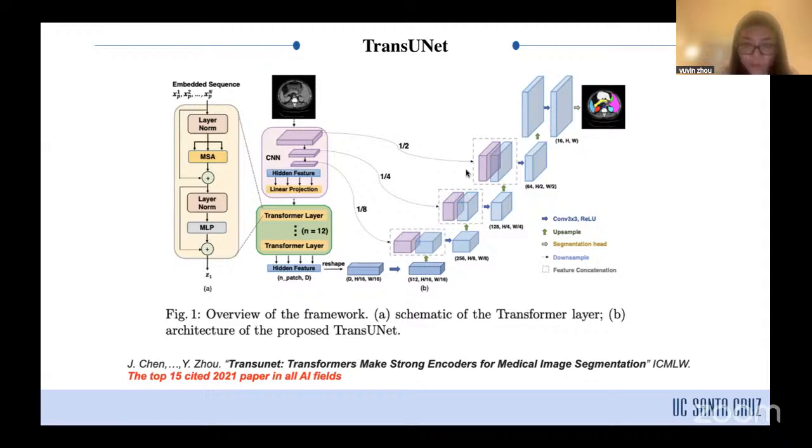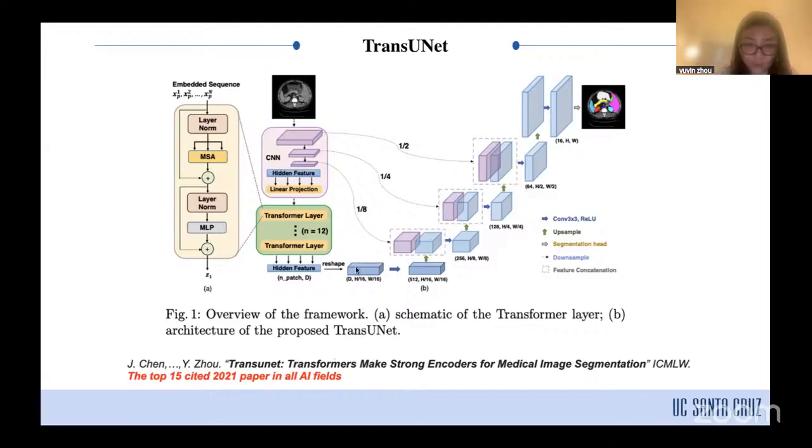The decoder is still symmetric to the encoding path. Every time it's upsampled by 2, and finally we upsample it to the original resolution, same as the original images. So this is going to be our outcome, the segmentation mask.